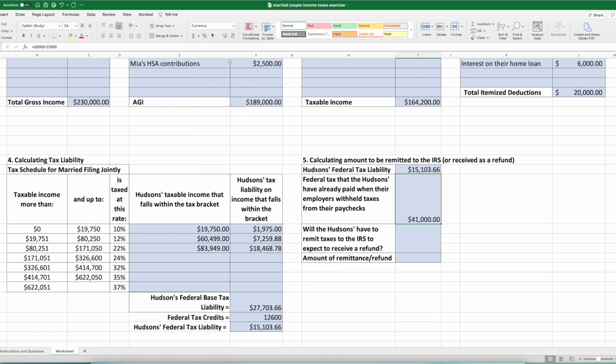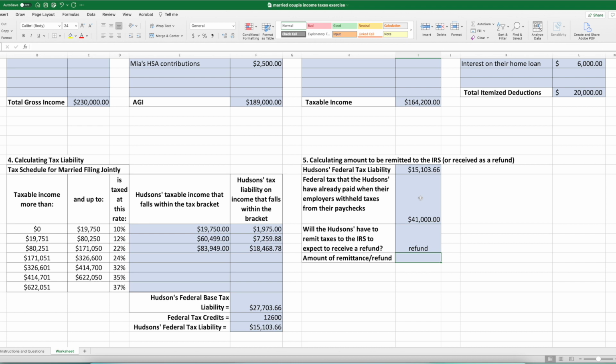But when they do their taxes, they discovered that they actually owe only $15,103 in federal income taxes that year, which means that they have overpaid their taxes, right? And if you have overpaid the taxes, if you paid more than you owe at the end of the year, then you should get a refund for the amount that you overpaid.